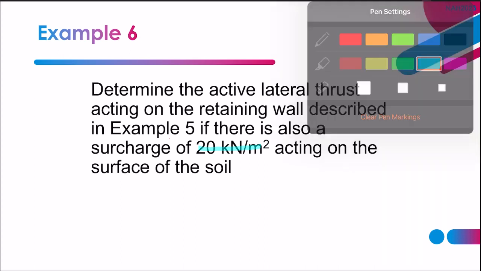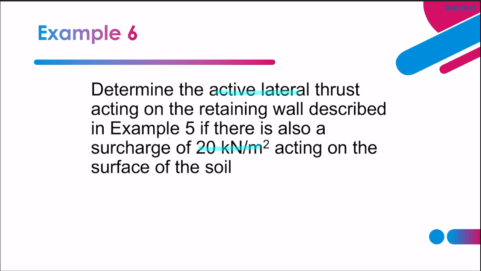This question asks you to find the active lateral thrust, meaning that it is not only the surcharge yang act dekat wall tu, the pressure of the soil pun kita panggil dia as active lateral thrust. Anything yang try to overturn the retaining wall, any pressure, okay, dia termasuk dalam active lateral thrust.